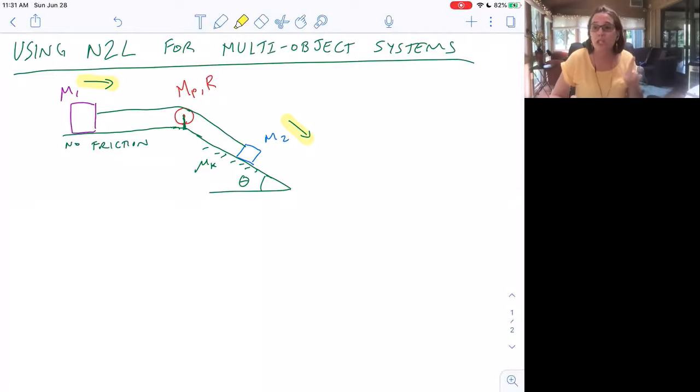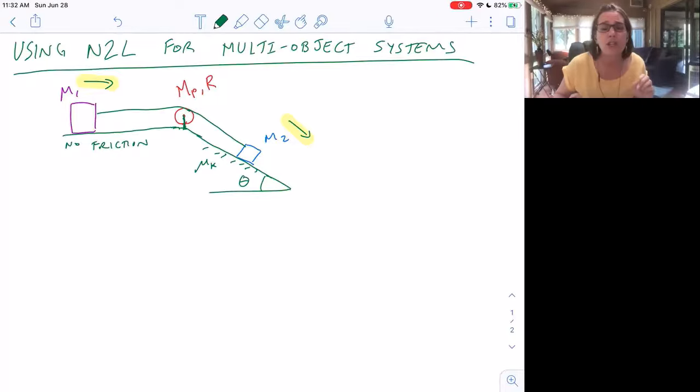The first thing that you're going to do in these problems is to count the number of objects that have mass. In this case, I have M1 and M2 and the pulley. That's three objects. That means in order to solve this, I need to write three equations of motion.